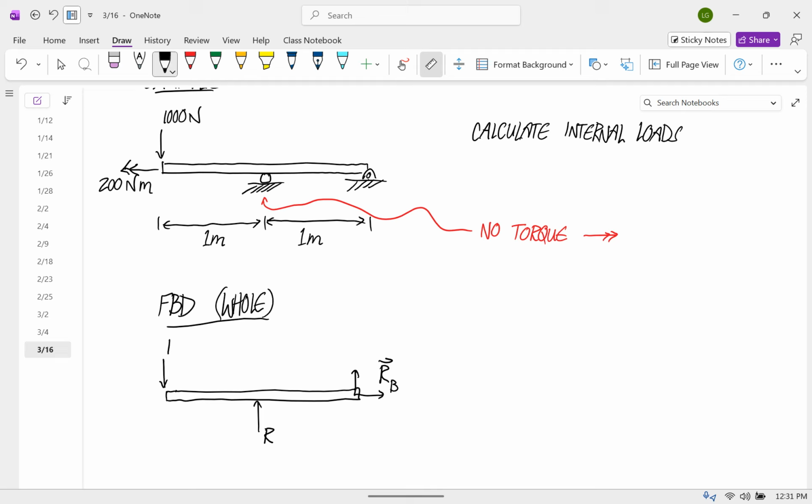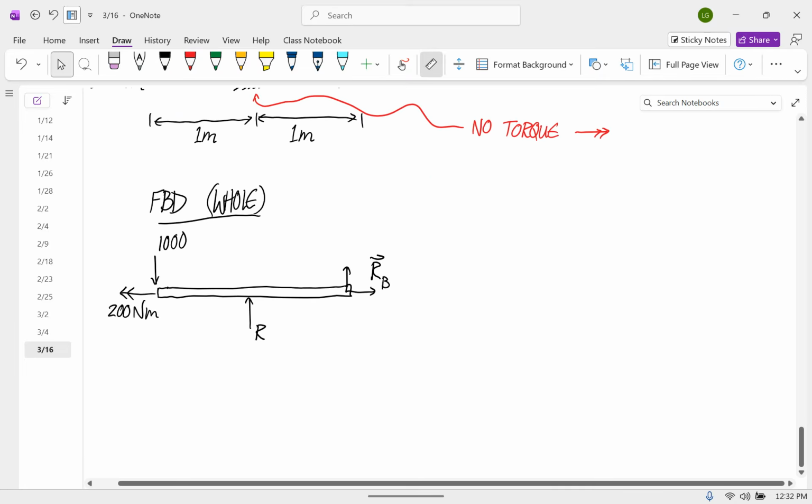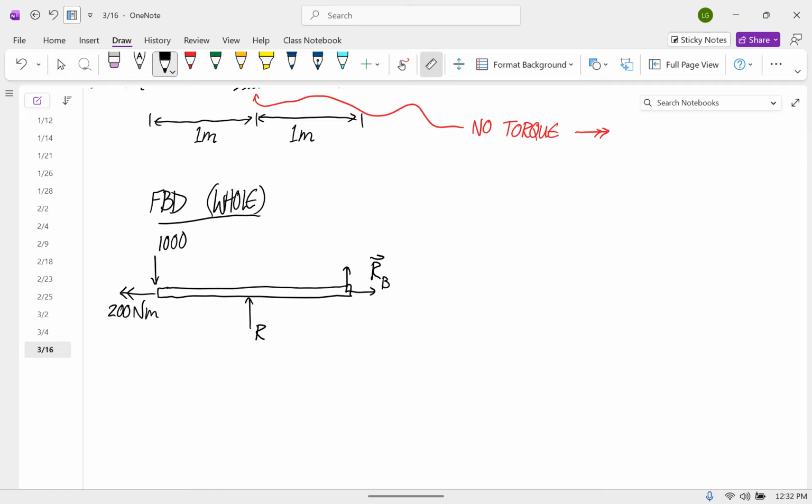And then we have the 1,000 and then the 200 Newton meters. And once we get to the cuts, I'm always going to use the left end point as my about point. But when I'm doing the whole thing, there's no reason we have to do that. So I'm going to put my about point here for this one.